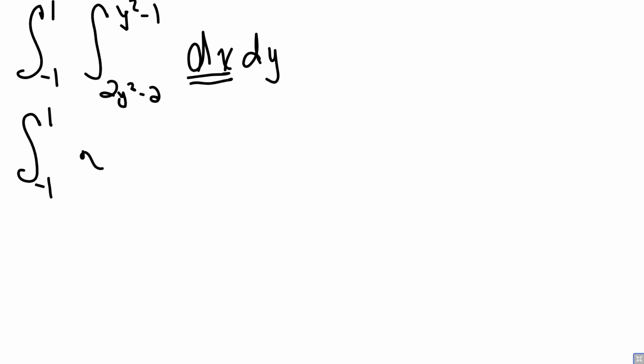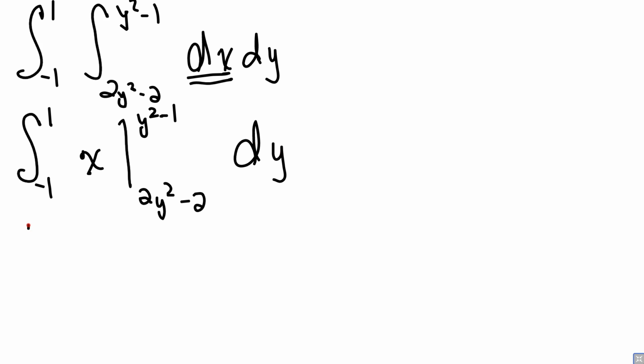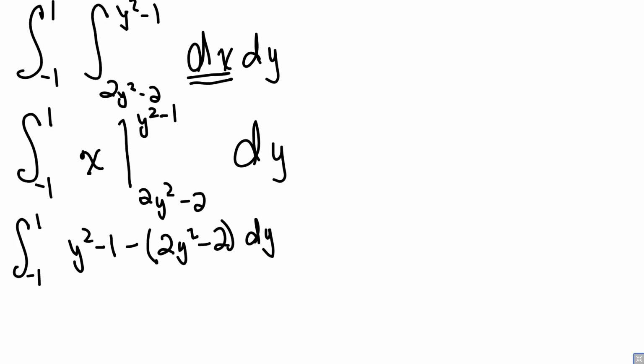I'm just going to end up with x, and then evaluate it from 2y squared minus 2 to y squared minus 1, and then dy. So now I'm going to have the integral from -1 to 1. So it's going to be the top minus the bottom.